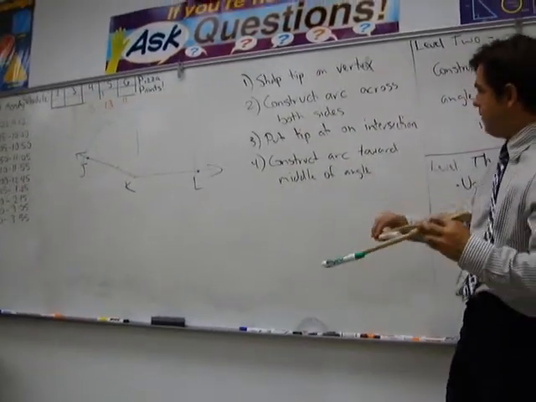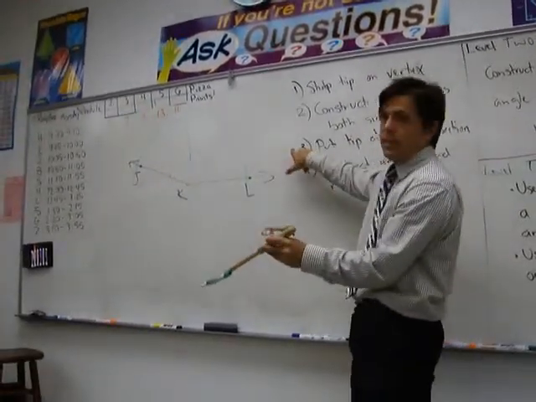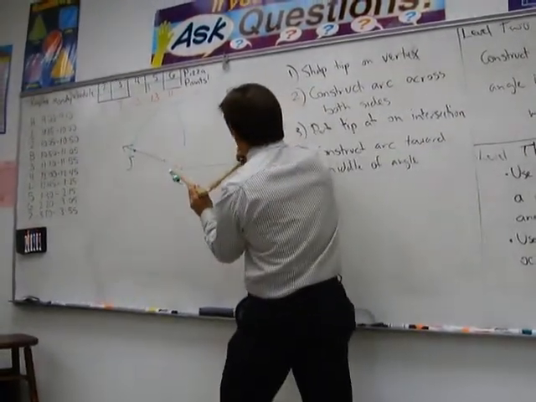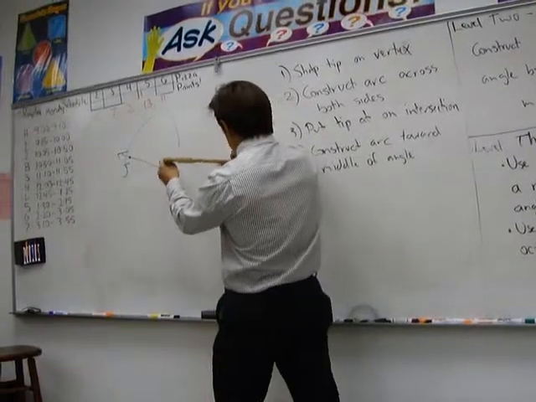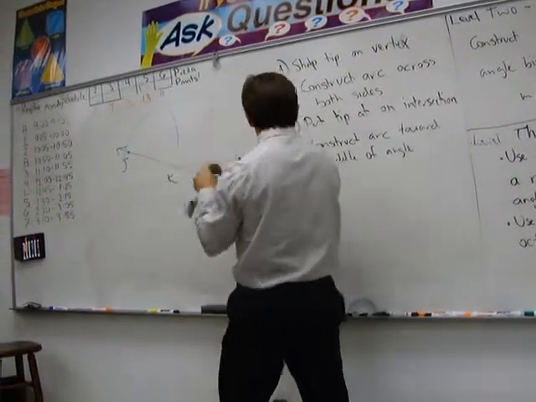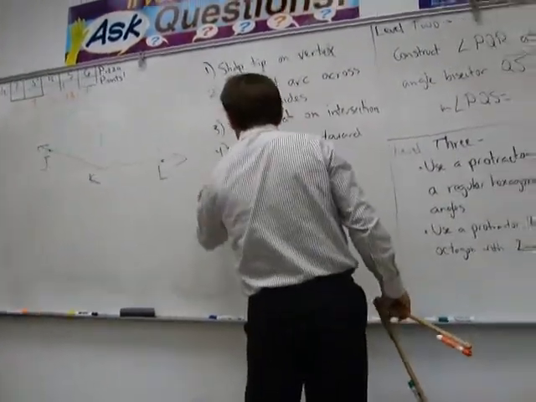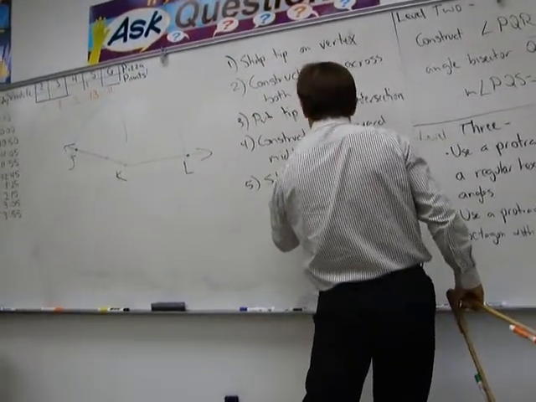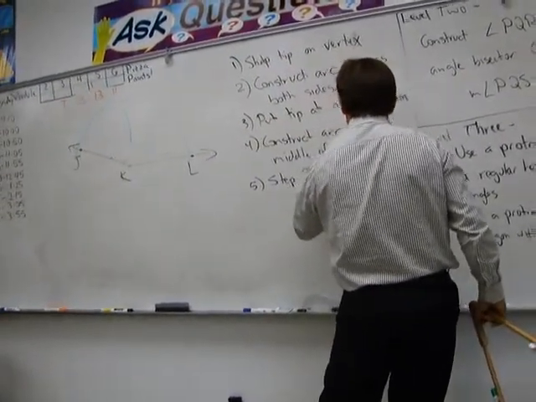Step 5, I do exactly the same thing as step 3 on the other side. So I put the tip on the intersection. Step 5 is like step 3, but the other side.